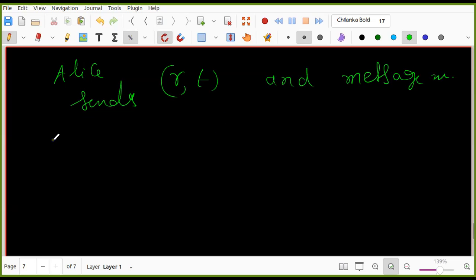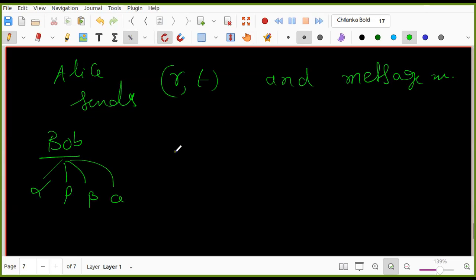Now what does Bob have? Bob is the person who created alpha and P, and Bob created beta, and to create beta he has A. All these are with Bob.